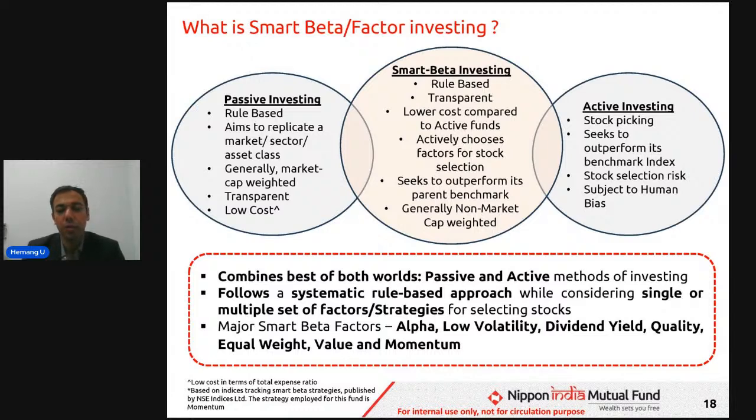What these smart beta funds try to do is outperform their parent benchmark. Just to quote an example, let's say there is a broad index like Nifty 50, and you pick up a factor like a value factor.